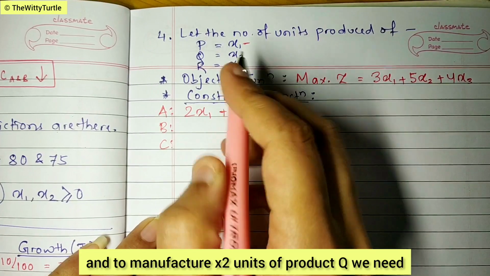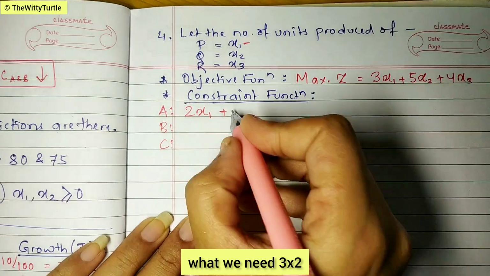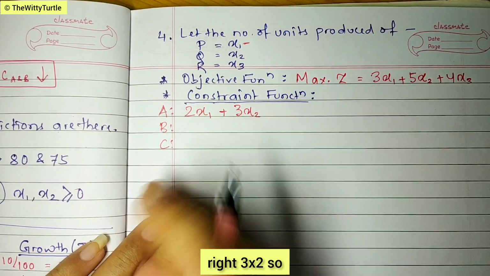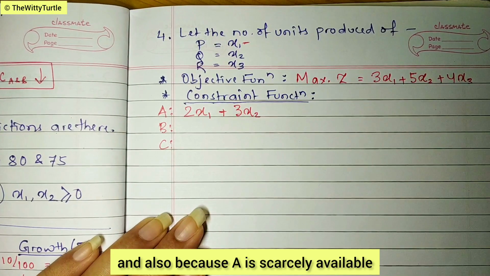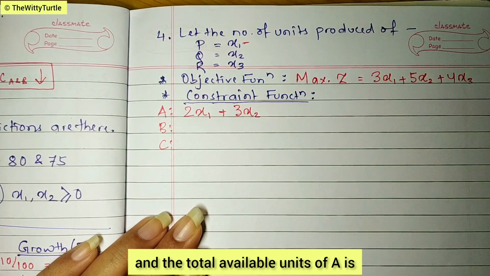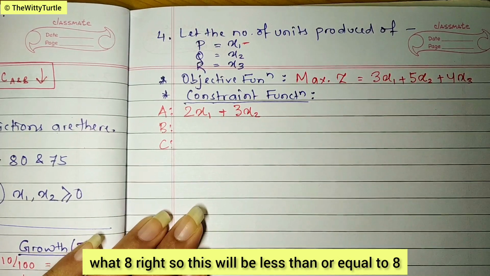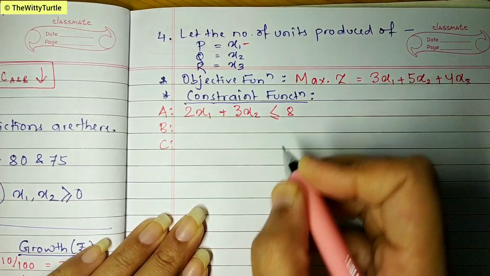And to manufacture x2 units of product Q, we need what? We need 3x2, right? 3x2. And also because A is scarcely available and the total available units of A is what? 8, right? So this will be less than or equal to 8.